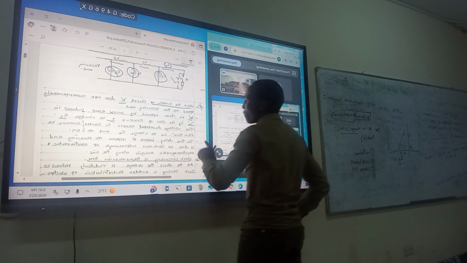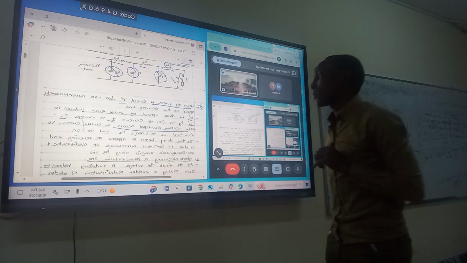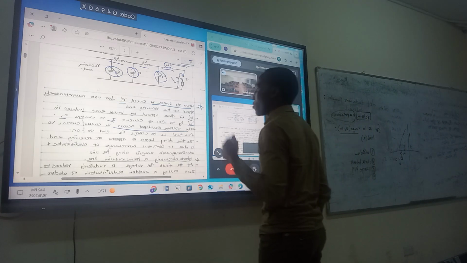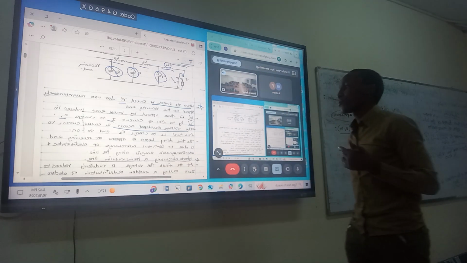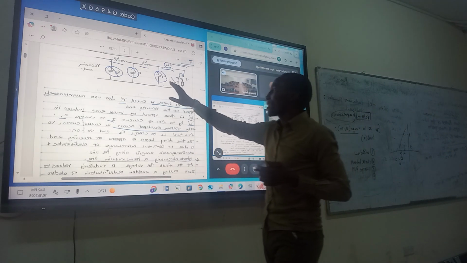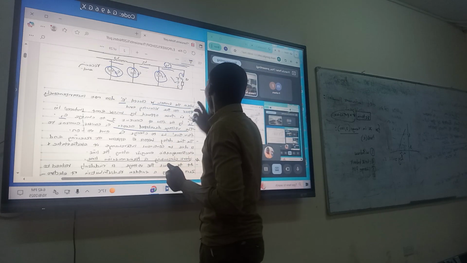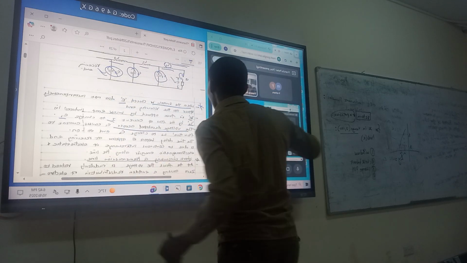And therefore, the voltage that will be developed across C1 will cause current to flow through L2 to charge capacitor 2 and so on. You find that capacitor 1 will be able to charge capacitor 2, which will also be able to charge capacitor 3.